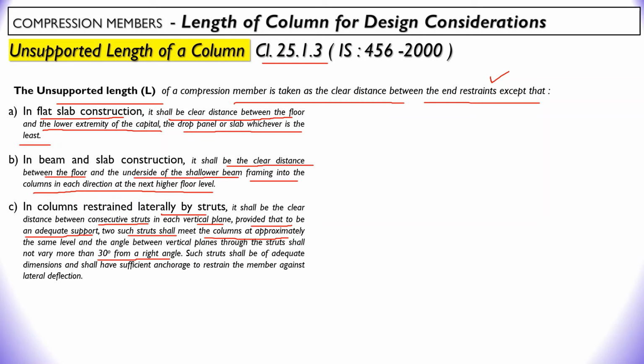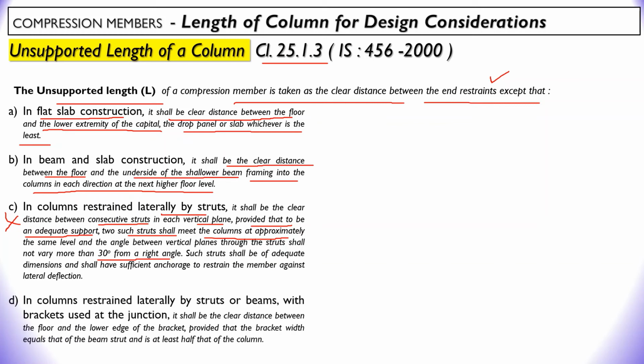Such struts shall be of adequate dimension and shall have sufficient anchorage to restrain the member against lateral deflection. This point may not be very valid for our case, and later we will discuss it with the diagram also.